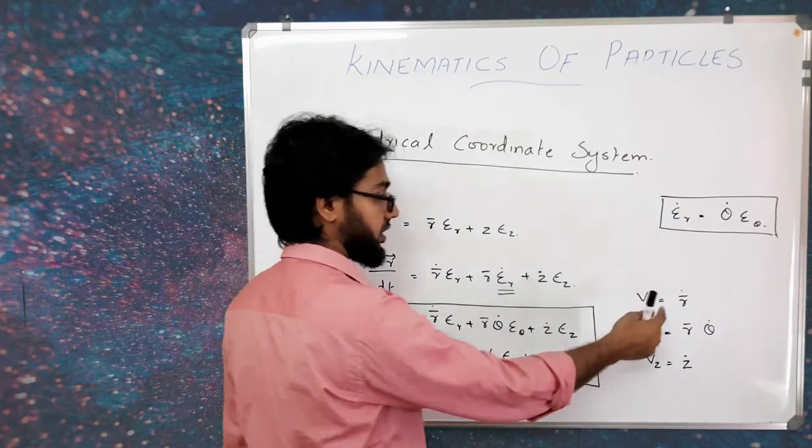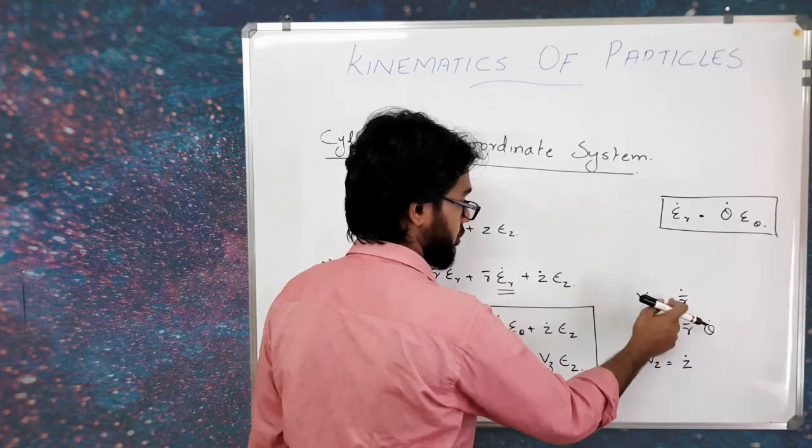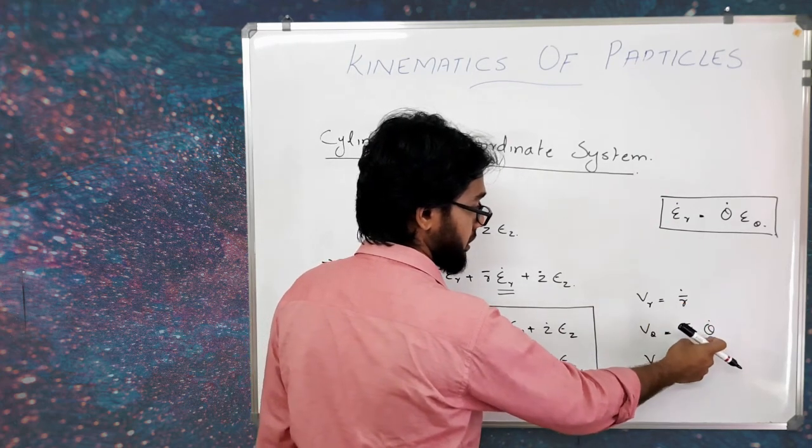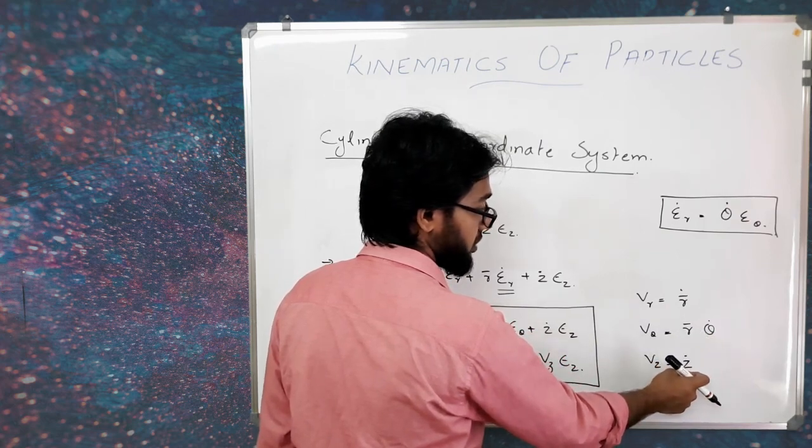Remember one thing, when I say the dot, it is actually the derivative with respect to time here. So derivative of r dash with respect to time, theta dot indicates derivative of theta with respect to time, z dot is dz by dt.